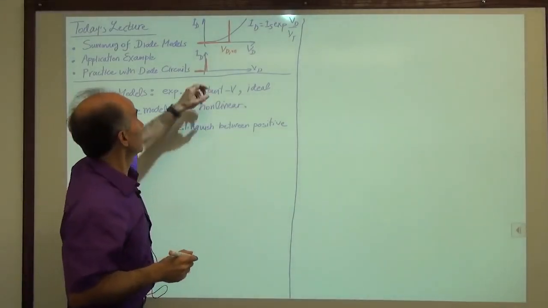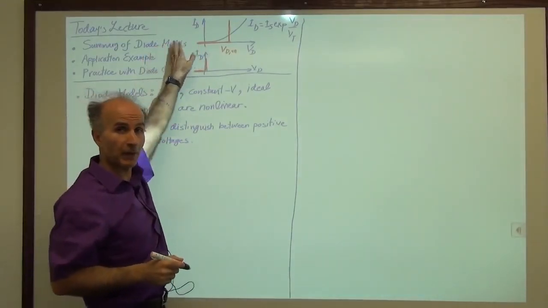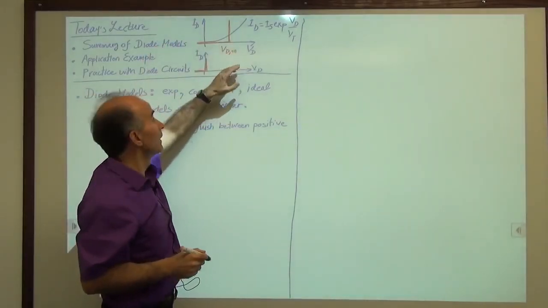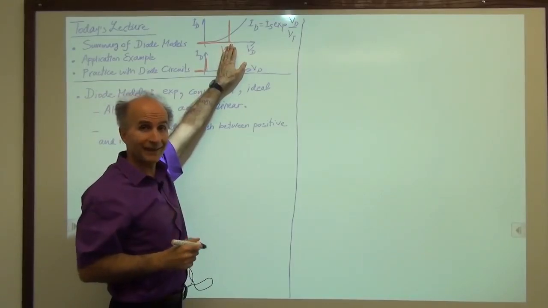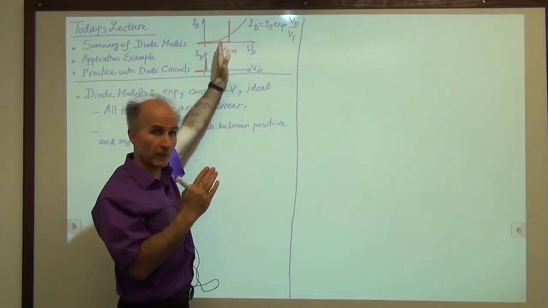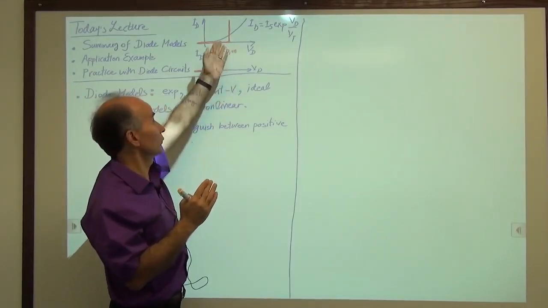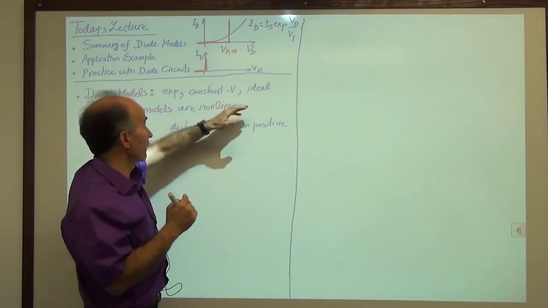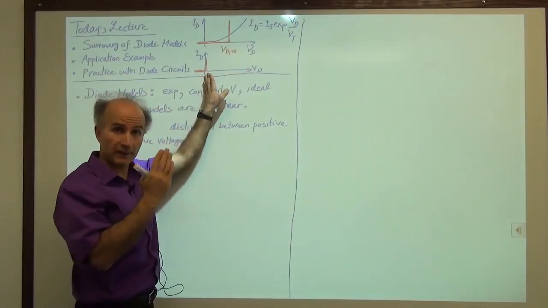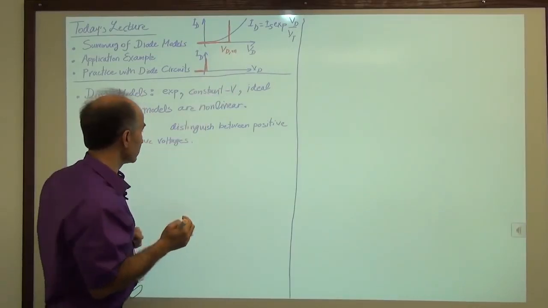As you can see here, for the exponential model, if we have a negative voltage, we have no current. If we have a positive voltage, we have some current. For the constant voltage model, the distinction is really around this voltage. So the voltage has to be positive enough to make that distinction for the diode to be on or off. And for the ideal model, we have a precise distinction between negative voltages and positive voltages.